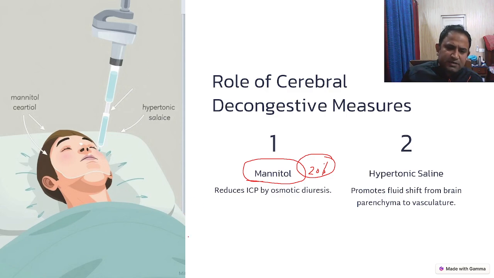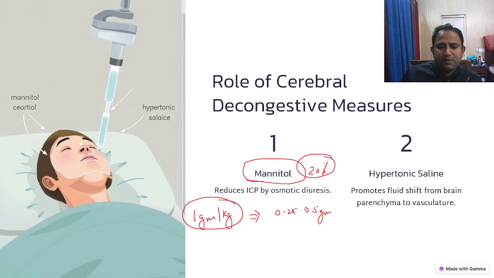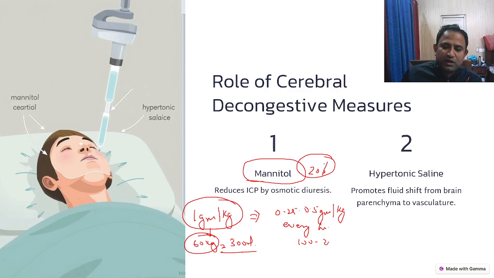The AHA recommends that the initial dose is 1 gram per kg, subsequently followed with 0.25 to 0.5 grams per kg every 8 hours. So the first dose for a 60 kg person will be around 300 ml, and if you calculate it, it boils down to around 100 to 200 ml every 8 hours.